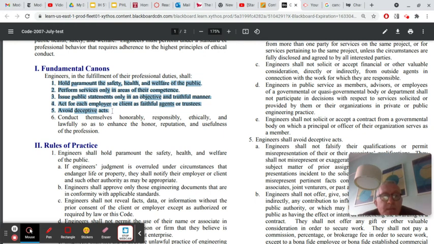So it's the canons themselves which are the general principles, the most fundamental principles of the code. And then section 2 is, to some degree, a guide in how they are to be interpreted.